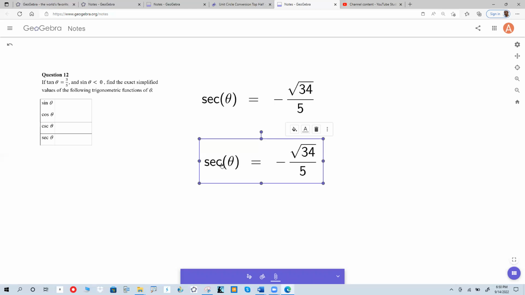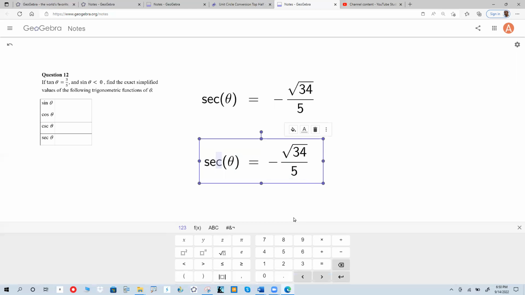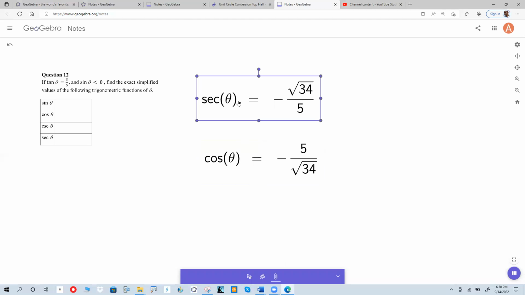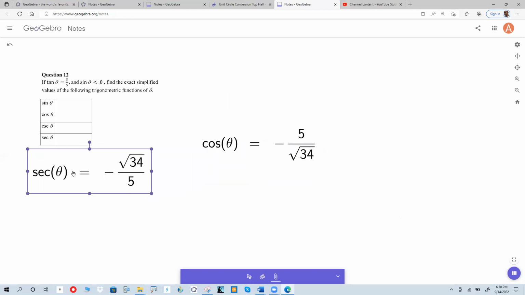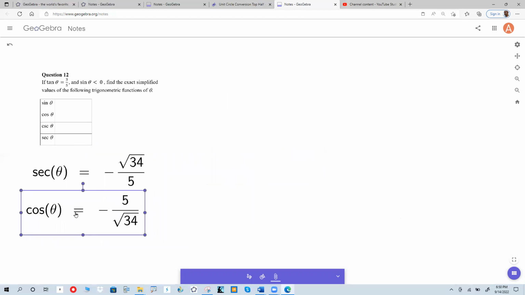That's also easy. Let's do that. Okay, so I found two. I found secant and cosine. Now, if I know tangent, I know cosine, I can find sine. So let's do that nicely. Let's put these two answers, the two basic answers right here.